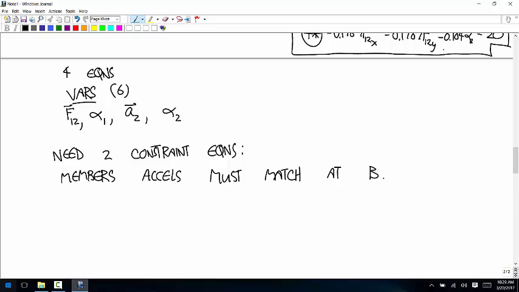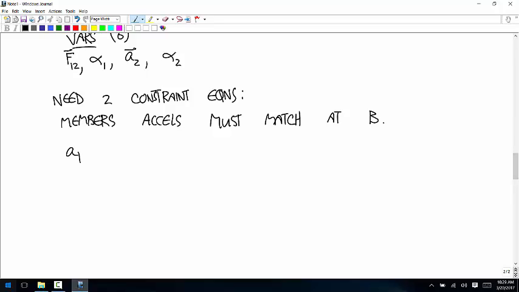So we're going to calculate the acceleration of b according to member 1, calculate the acceleration of b according to member 2, and then set those 2 equal. So first, the acceleration of b according to number 1.